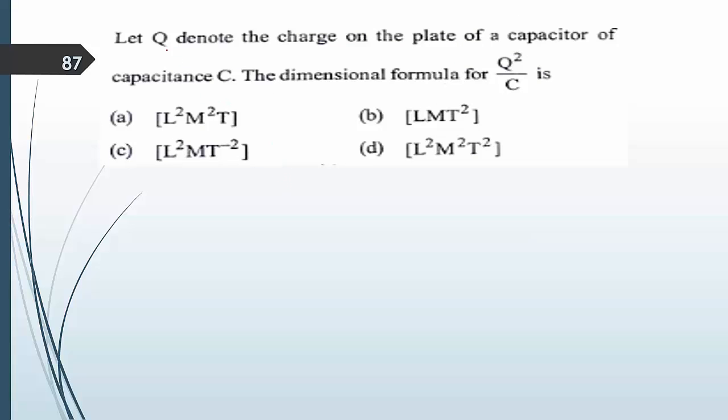Question number 87. Let Q denote charge on the plate of the capacitor of capacitance C. The dimensional formula for q square divided by c is, see here, q square divided by 2c. This is energy of capacitor. So we can write the dimensional formula for energy directly because 2 is dimensionless.